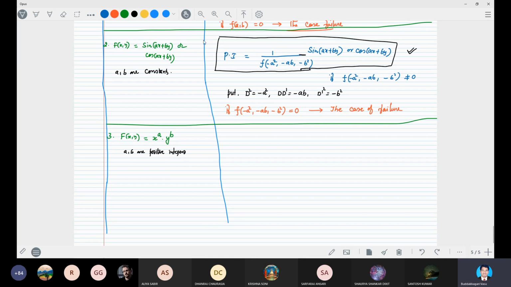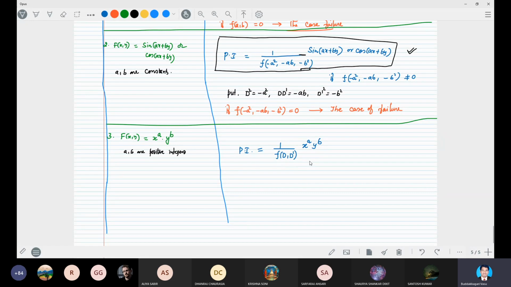So in such a case, the particular integral PI is equal to 1 by f of D comma D dash into x power a into y power b. This much only.